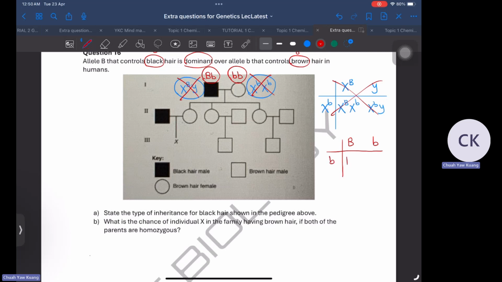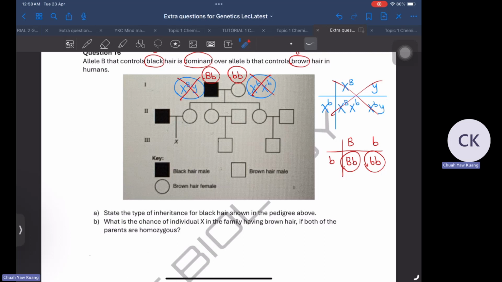Then the offspring can either have brown hair or black hair. So now it tallies with the pedigree, and that is correct.